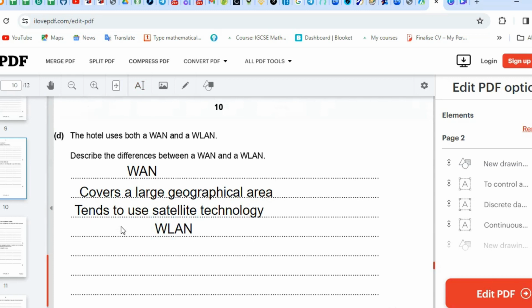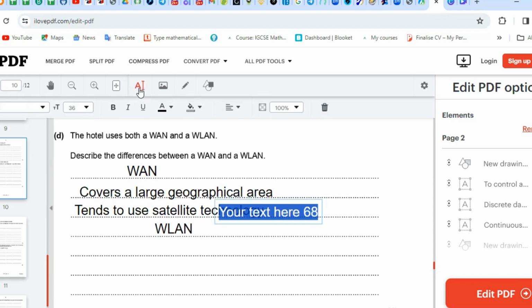That's why we say it covers the hotel site. And 2, it uses wireless technology.